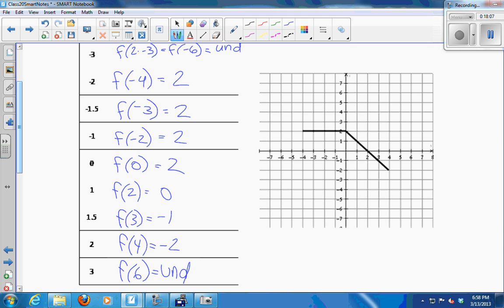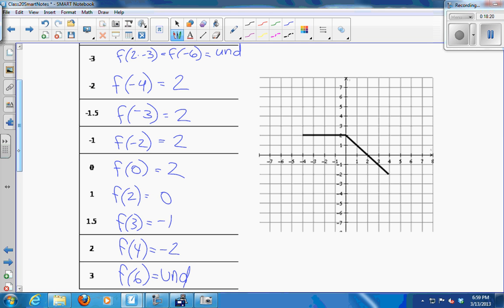So when I go to my graph, go to x equals 6, I try to go down to the graph. It doesn't live here. Nobody's home. So there's no f of 6. So I plot my points.